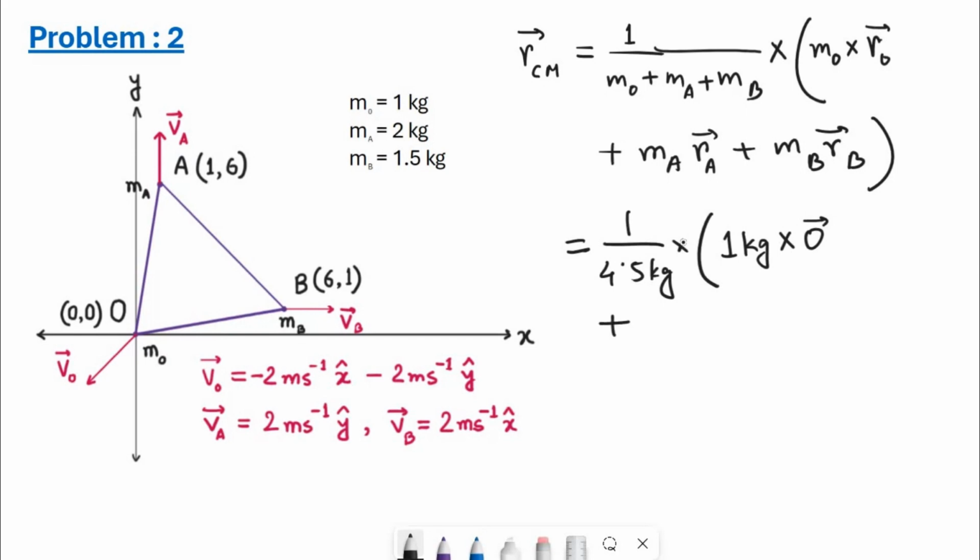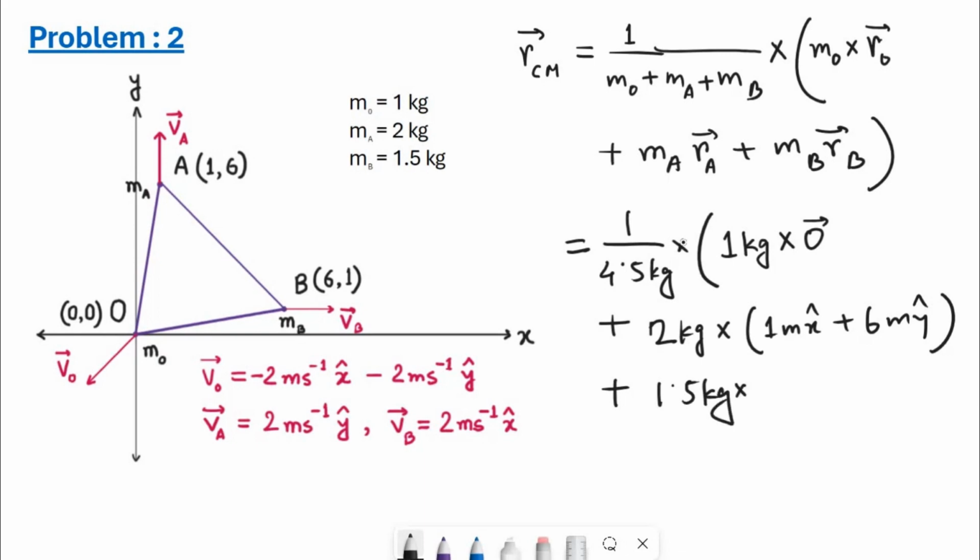Then we have mass MA, which is 2 kilogram, times the position vector of the point A, which is 1 meter x hat plus 6 meter y hat. And then we have the mass MB, 1.5 kilogram, times the position vector of the point B, which is given by 6 meter x hat plus 1 meter y hat.